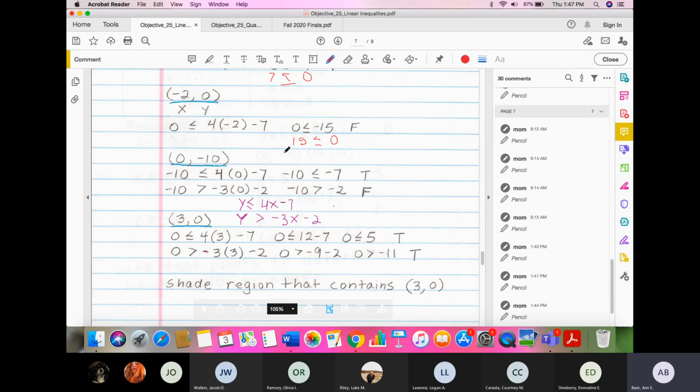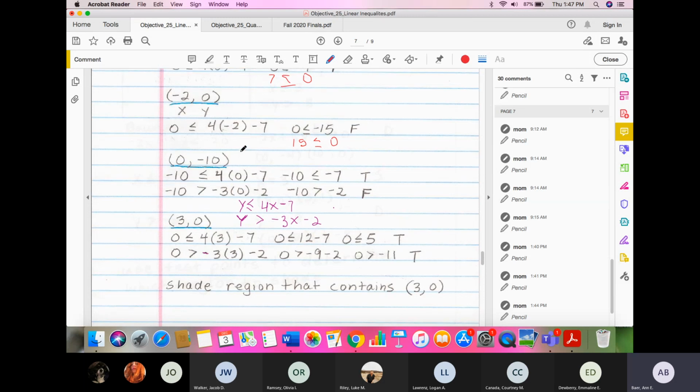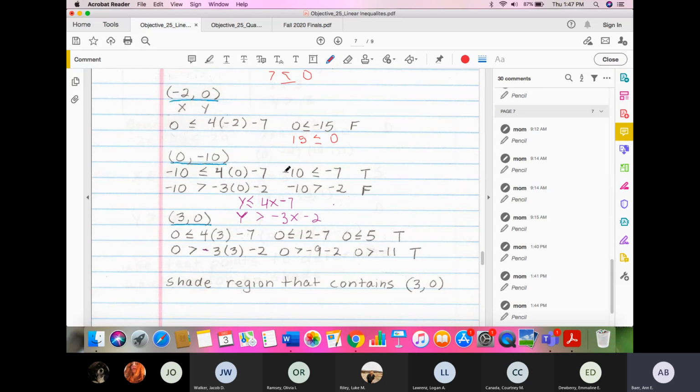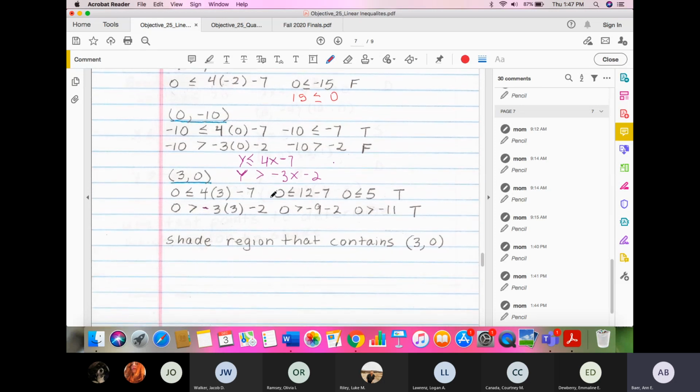Wait, I think I got ahead of myself. Sorry about that. I think I was doing this one. I did this one. So let me make sure we do this one right. Oh, I've got them right here. Very good. Okay, so we tested this, got the true. Now we've got to use this test point again, but this time we're going to use it in the second inequality.